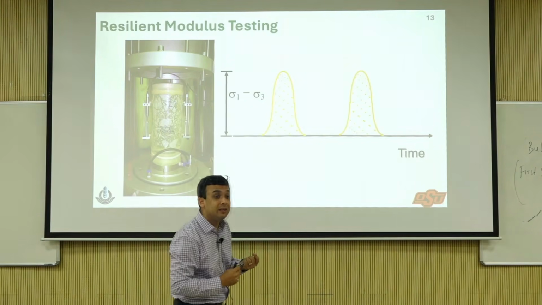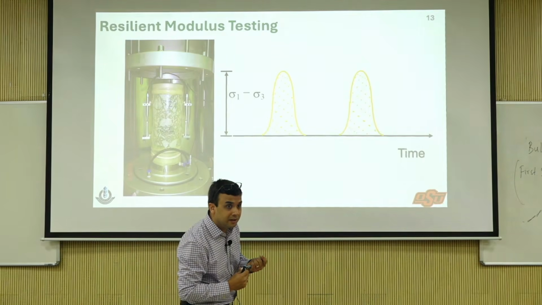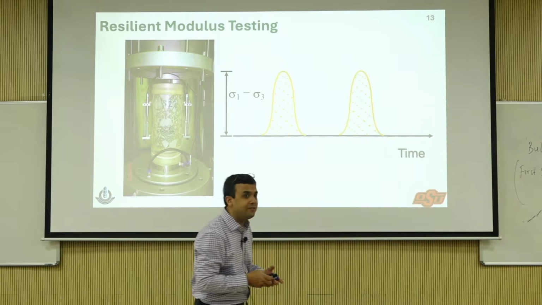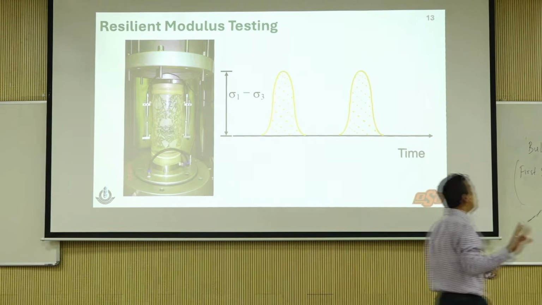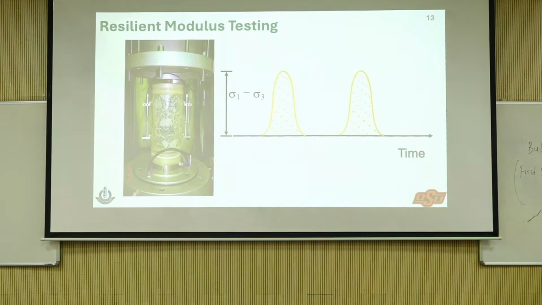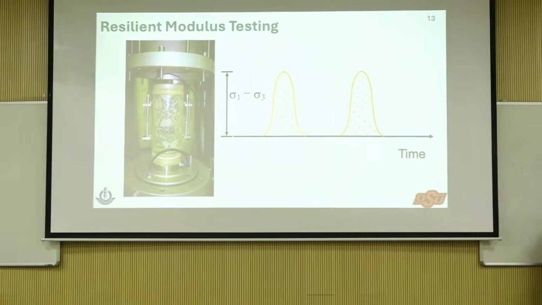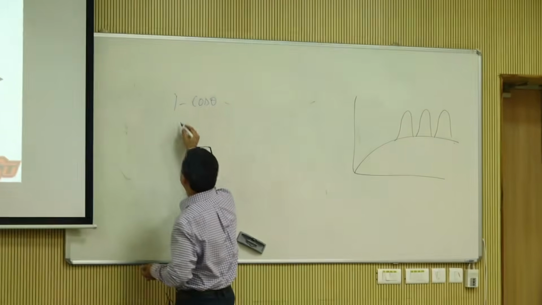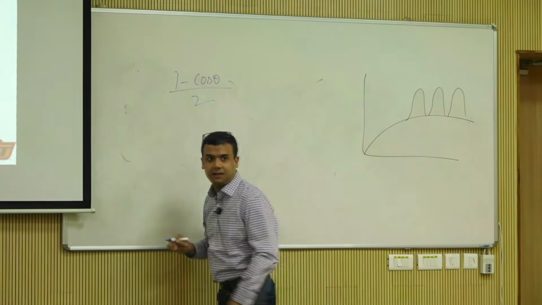Can you say that again? No, haversine is not... Okay, good point to get to that. Haversine is this. There is something called versine. A versine is 1 minus cosine theta. Haversine is that divided by 2.